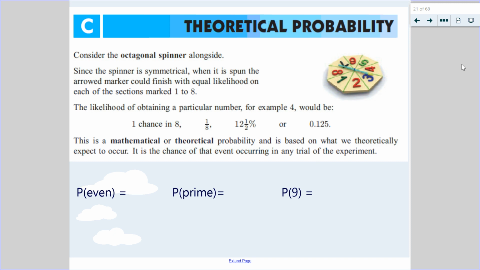The way we calculate it is we do the number of desired possibilities, or desired outcomes, over the total number of possibilities.